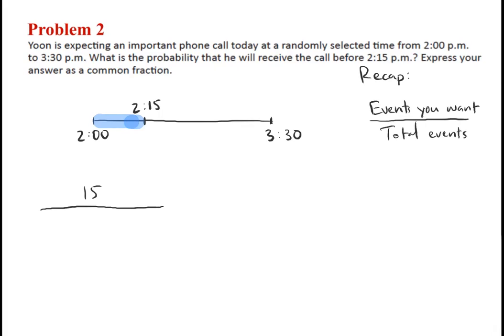Okay, so in this case, the total time between 2 and 3:30 is 1 hour and 30 minutes or 90 minutes. And now we have a fraction and we just have to simplify it. So simplified, we get 1/6, and that is your answer.